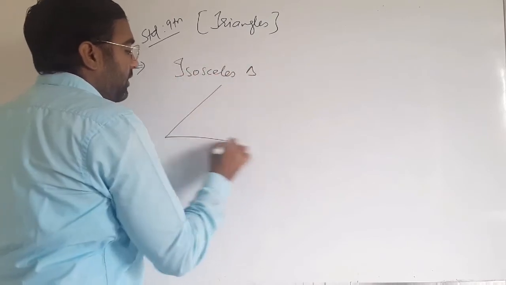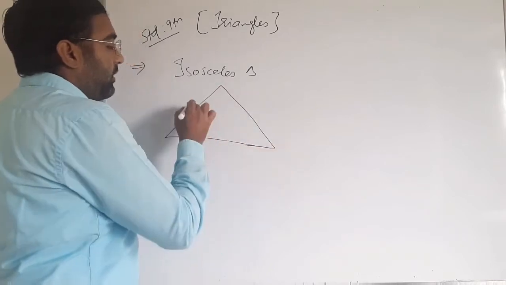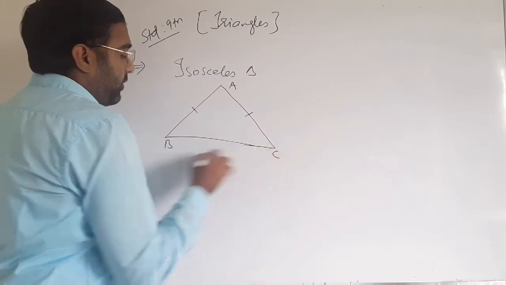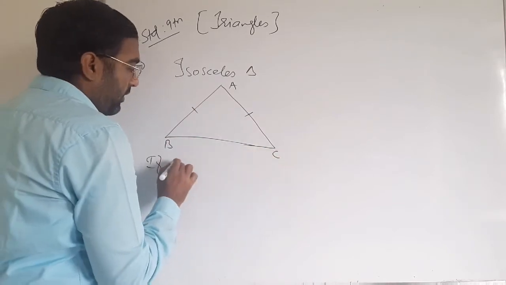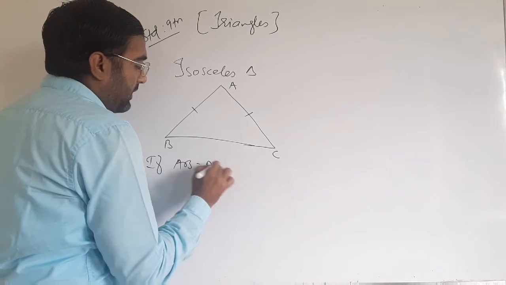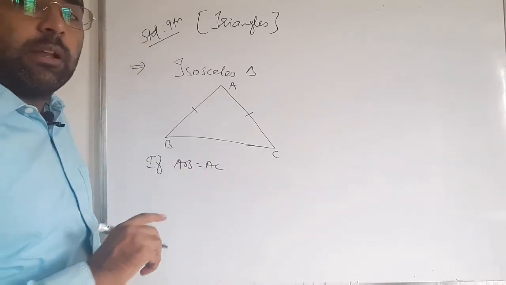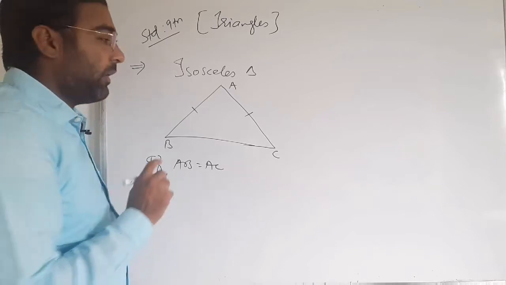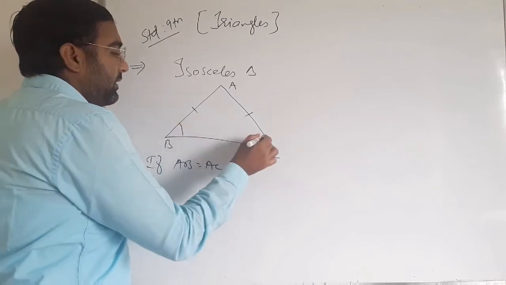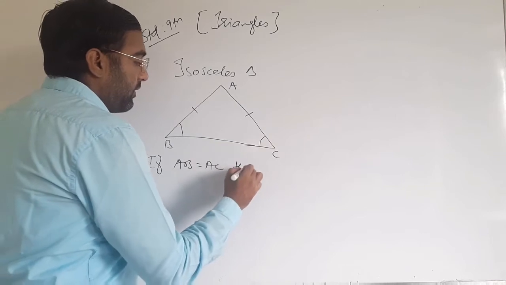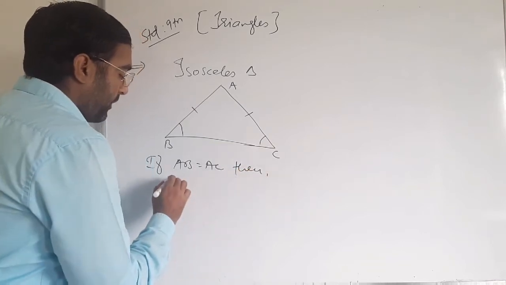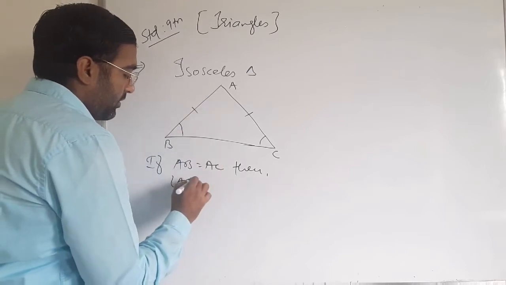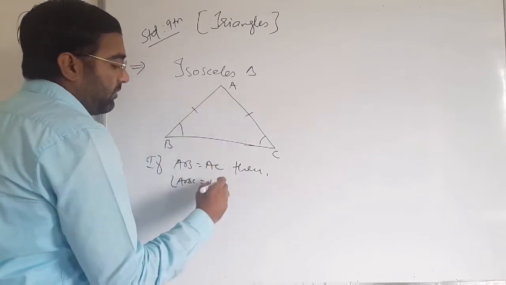We know that in an isosceles triangle, if two sides are equal, AB is equal to AC, then their corresponding opposite angles must also be equal. Then angle ABC is equal to angle ACB.